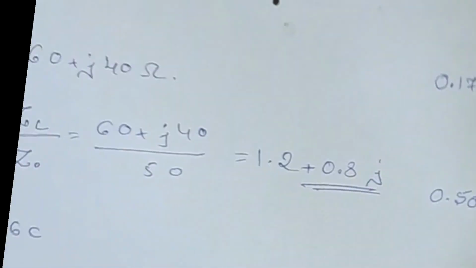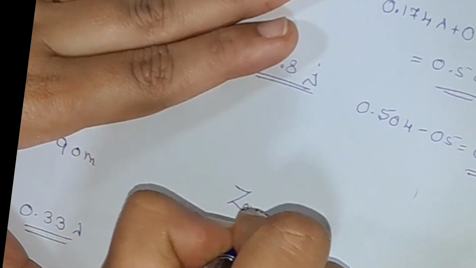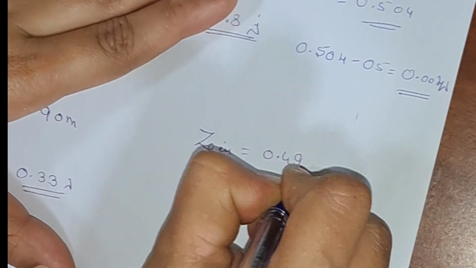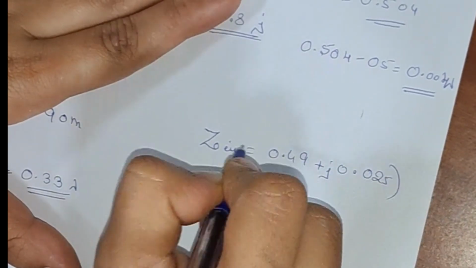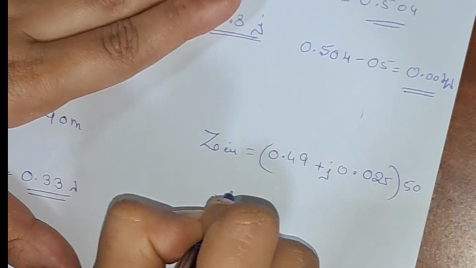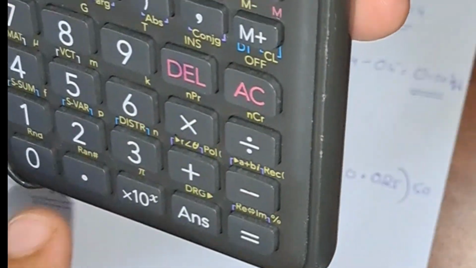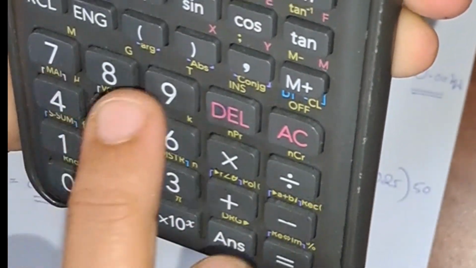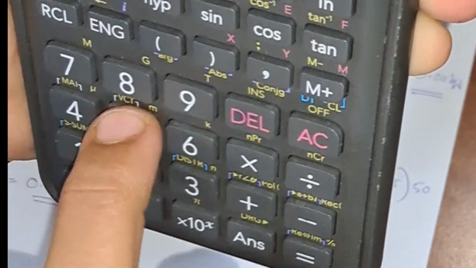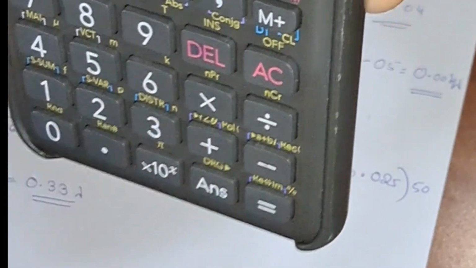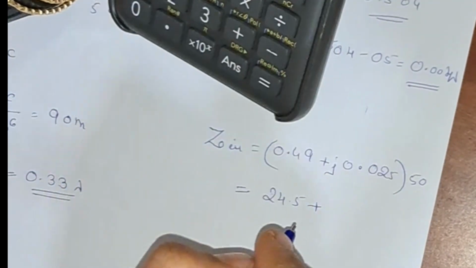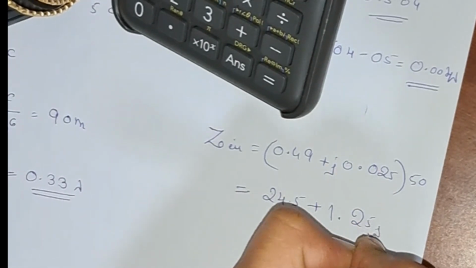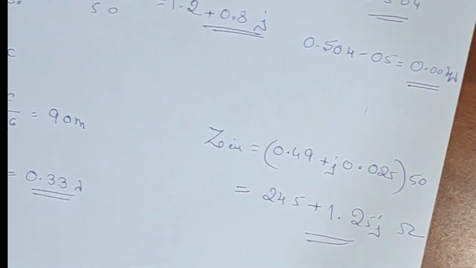So I will write the input impedance as 0.49 plus j0.025. Don't forget, you have to multiply by the characteristic impedance. So 0.49 plus j0.025 into 50. The value you see is 24.5 plus j1.25 ohm. This is the input impedance I am getting.